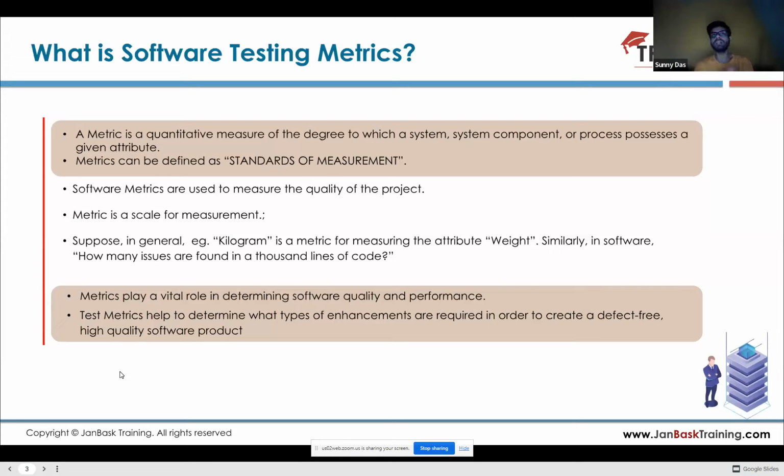Whatever documentations and requirements were given to the development and the testing team, they have worked based on that, but at the end the customer requirement is something else which was not documented, and that's why the developers didn't develop that, the testers didn't test that, and that's why there is a difference between the expectation and the actual output, and that's why during the production the issues are coming.